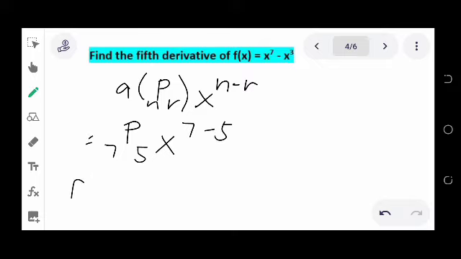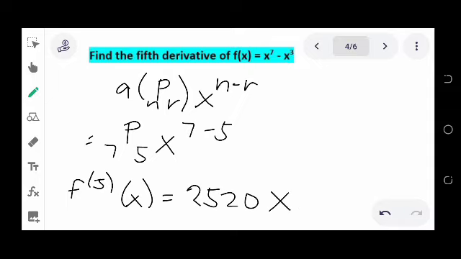So now the fifth derivative of the function will be equal to permutation of 7 taken 5, which is 2520, and x raised to the power of 2. So this is the answer.